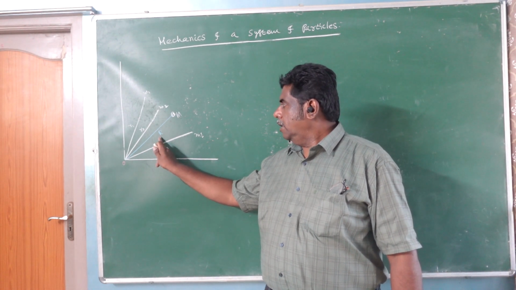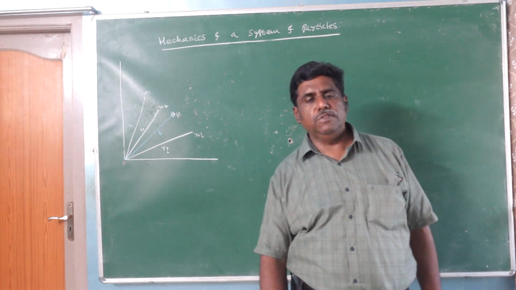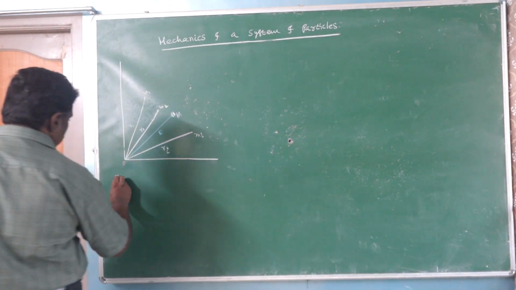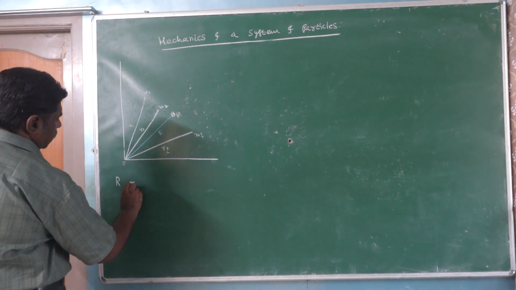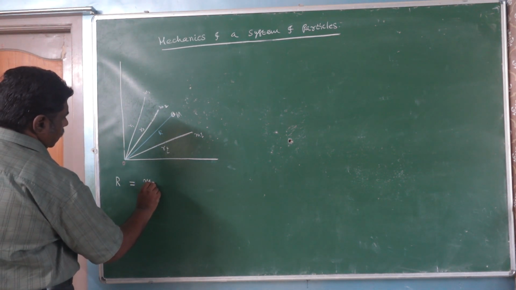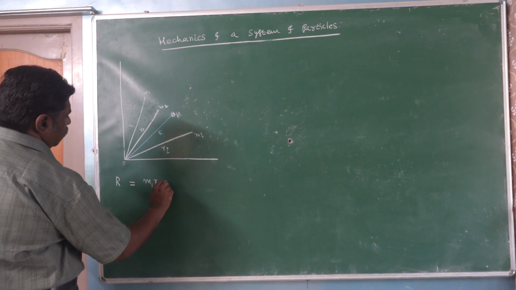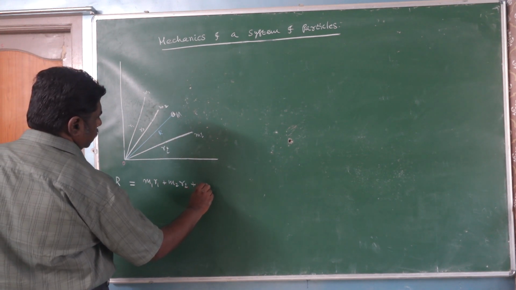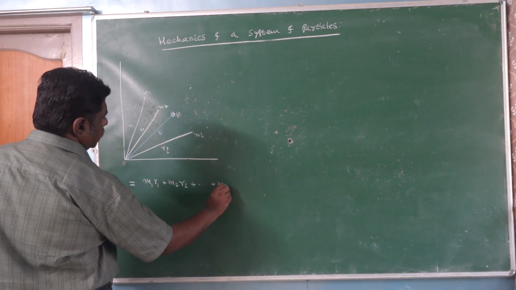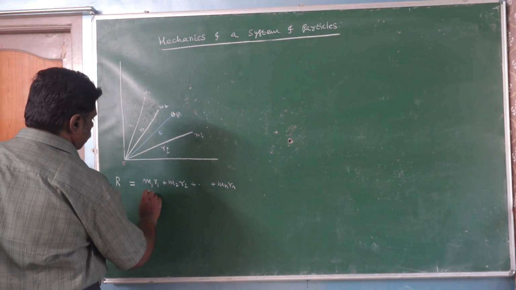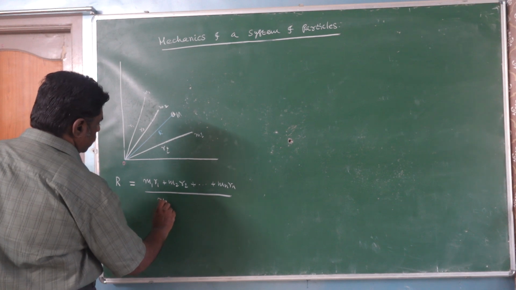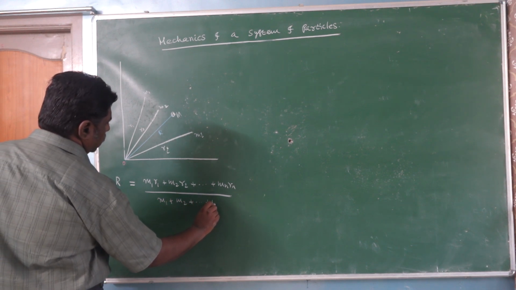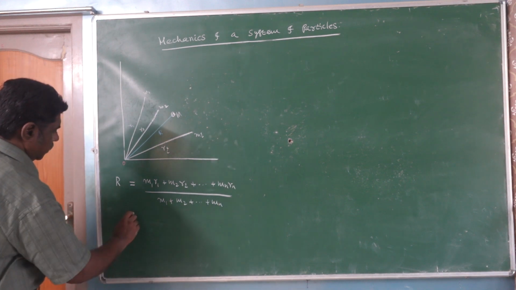Capital R be the position vector of the center of mass of the system. The value of R is given by (m1 r1 plus m2 r2 plus ... mn rn) whole divided by (m1 plus m2 plus ... mn).